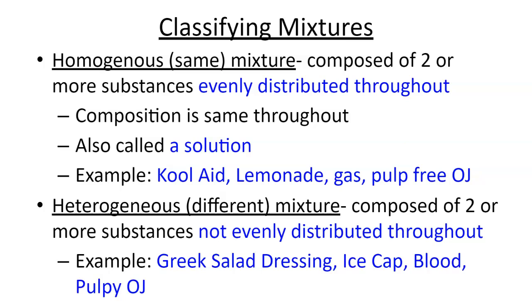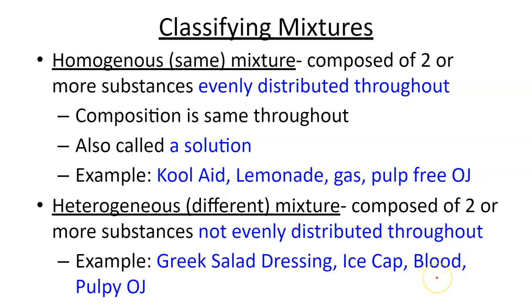One way to think about heterogeneous mixtures that helps is: does it have layers? A heterogeneous mixture is not evenly distributed. It often will have layers. Like if you think of a Greek salad dressing, before you shake it, it has the different layers. If you think of an ice cap that's been sitting for a little while, it has different layers, the ice and the liquid.